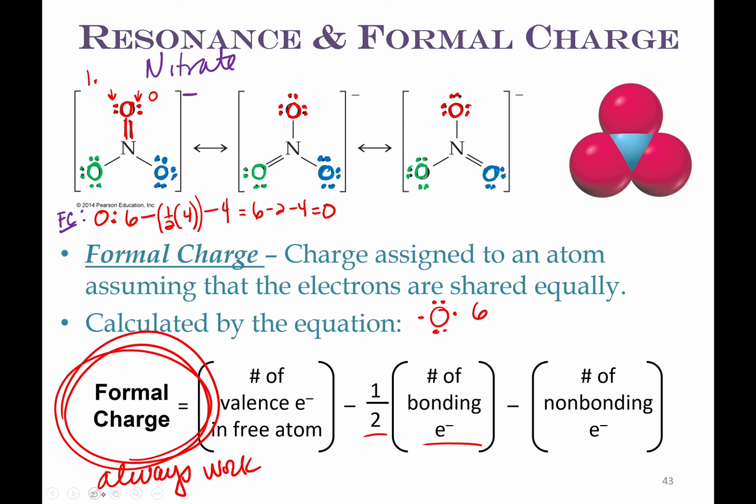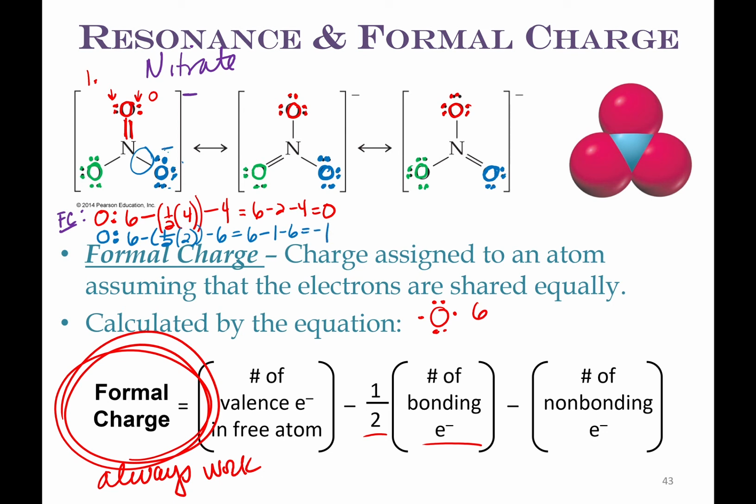All right, let's go to the blue one. Oxygen is 6 minus 1/2 of 2, minus 2, 4, 6. So this is 6 minus 1 minus 6, or -1.